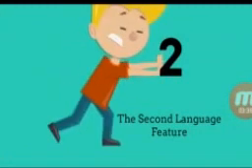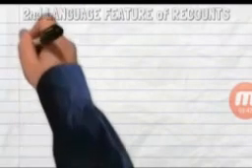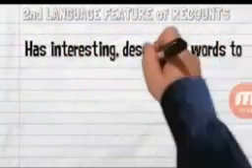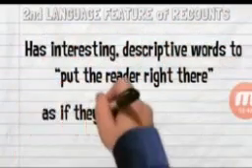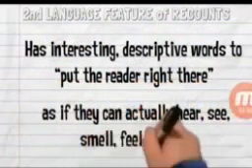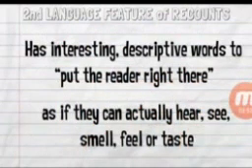The second language feature is also very important, and you use it in other composition writing as well. This is the use of interesting descriptive words to put the reader right there, as if they can actually hear, see, smell, feel, or taste. It means the use of imagery.